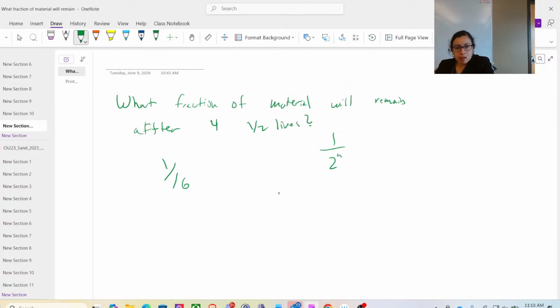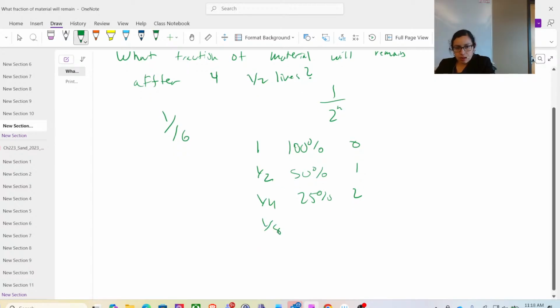So I would again kind of brute force it, right? You have 100% at 0, 50 or half after 1, 1/4 or 25% after 2, 1/8 or 12.5% after 3, and then right on and on.